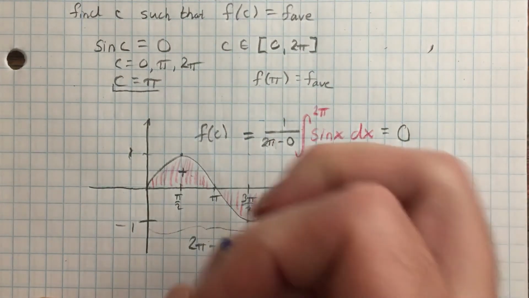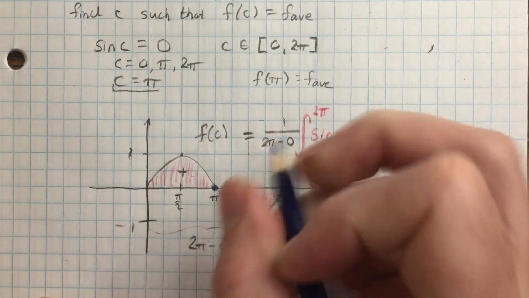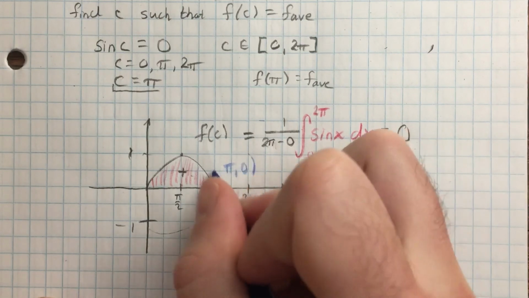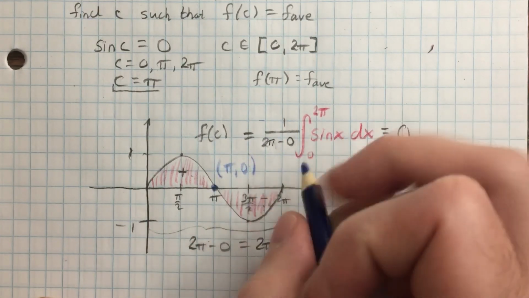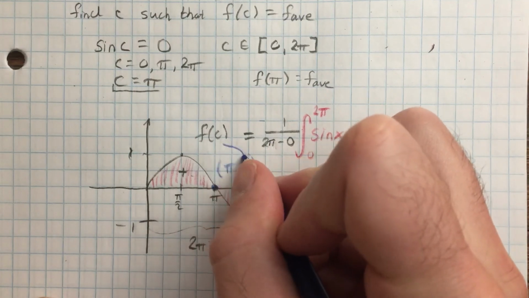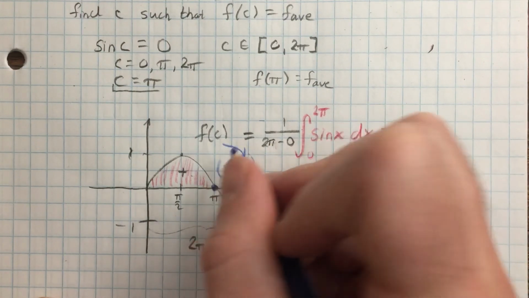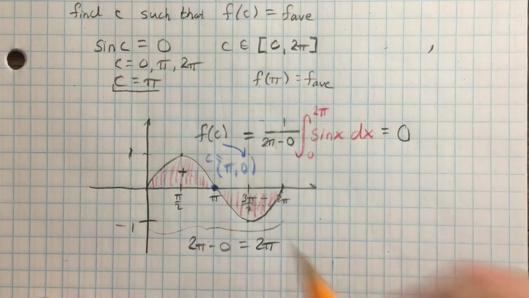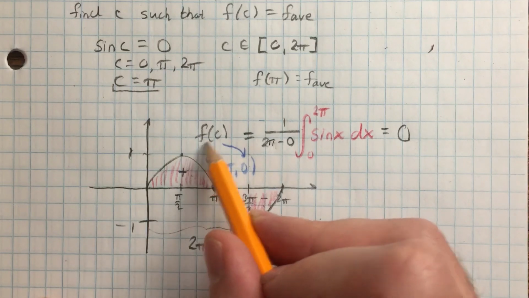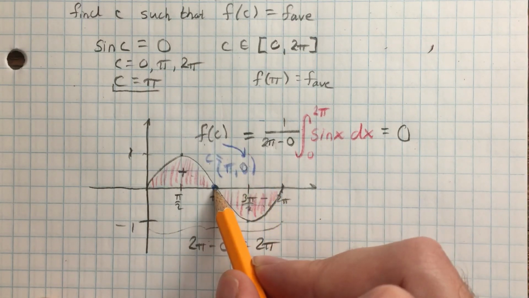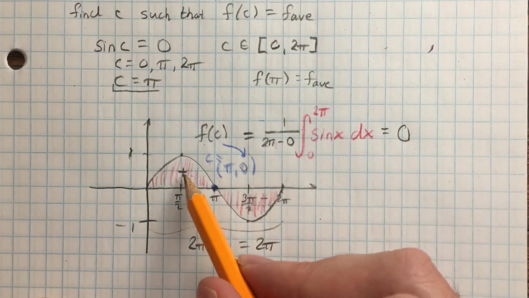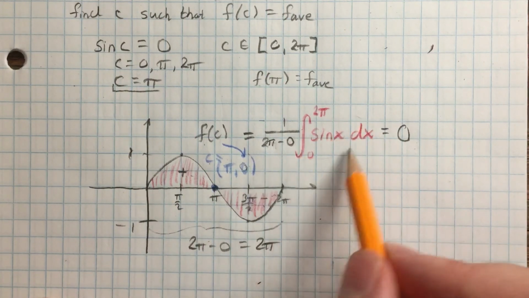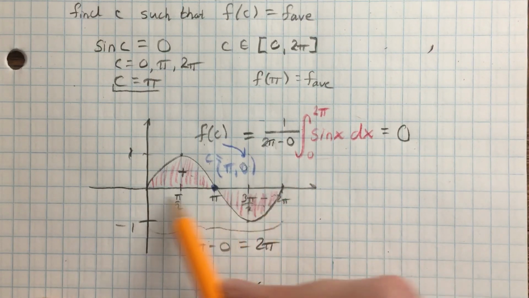So right here, this is pi comma 0. So we see here that the function value, this is f of c, and the pi value is the c value itself. So there's our location, c equals pi, where the function takes on the same value of 0 as did the average value of the function over this interval. That is the area divided by the interval size.